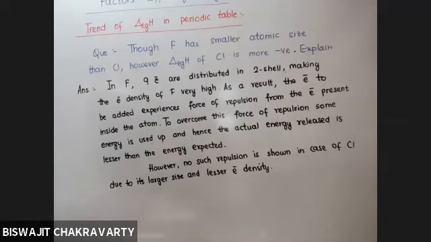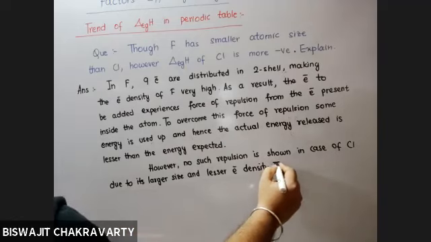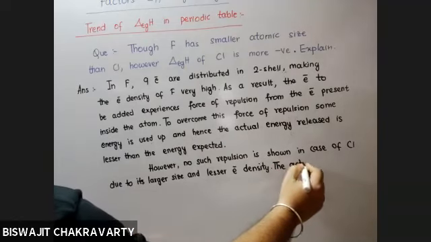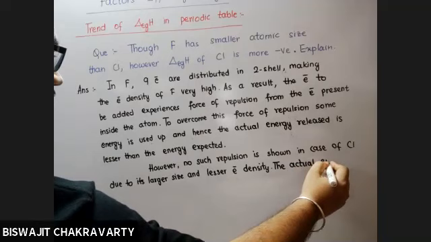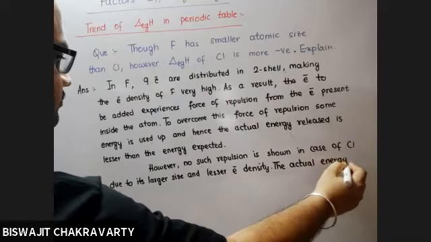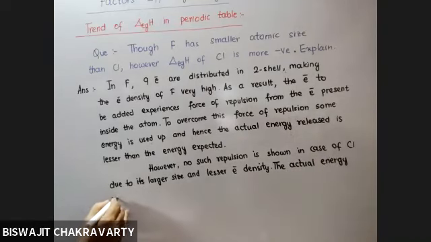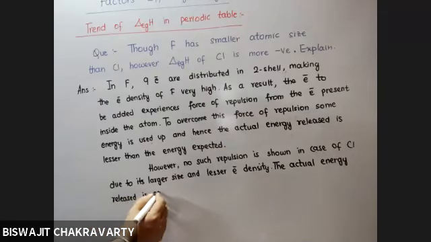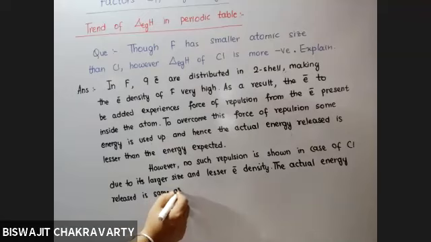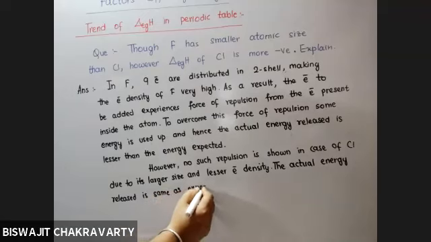So in case of chlorine, is there any deduction or you get the same value as expected? Same value as expected. The actual energy released is same as expected.